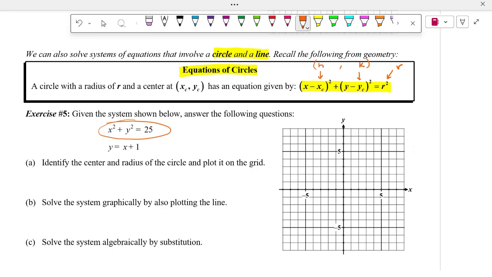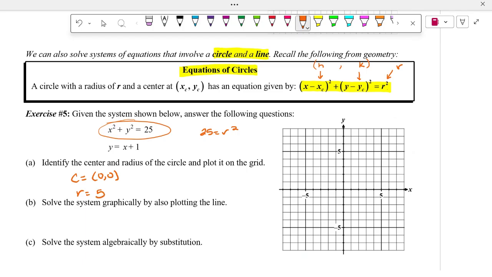Now, to graph this circle, what would the center be at? Do I have anything being added or subtracted to the x and y? No? It should be 0. So the center would be 0, 0. Now, if 25 is equal to r squared, what's our actual radius? 5.